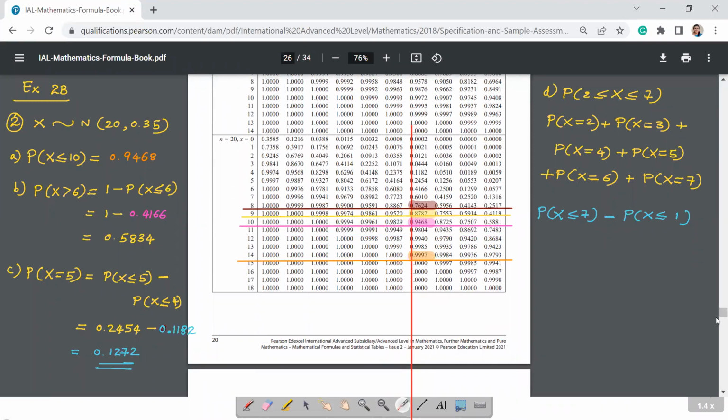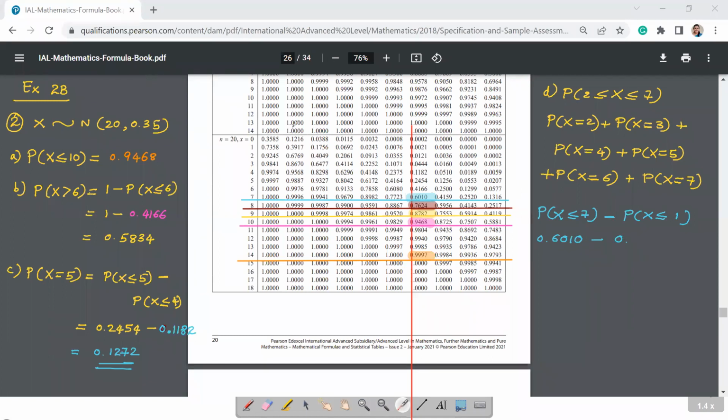Okay, so let's get this one. X is less than or equal to 7. That's this one. The probability X is less than or equal to 7 is 0.6010. Minus the probability X is less than or equal to 1.